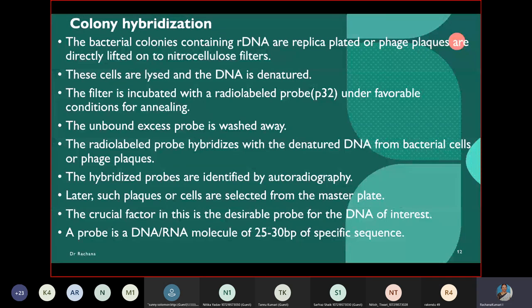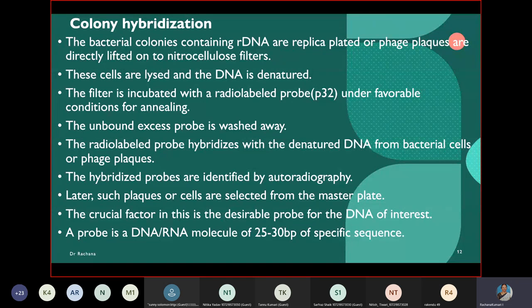So I will subject the whole plate: I pour the radio labeled probe into the Petri plate and give some time under favorable conditions so that the radio labeled probe fetches its own complementary sequences within these phage plaques or the bacterial colonies.